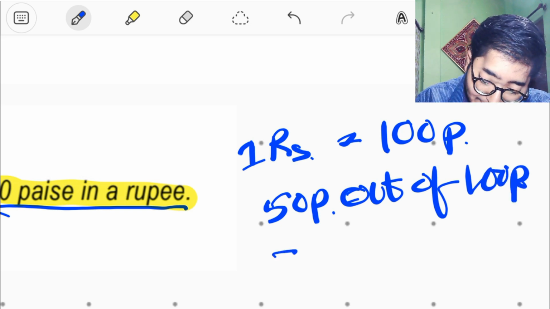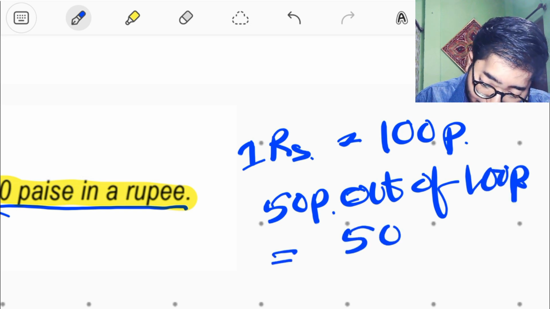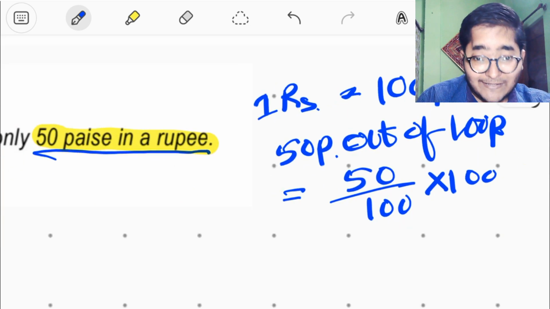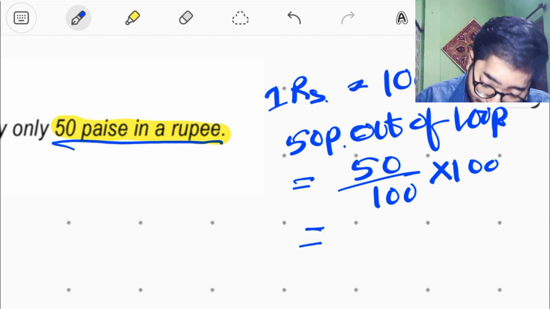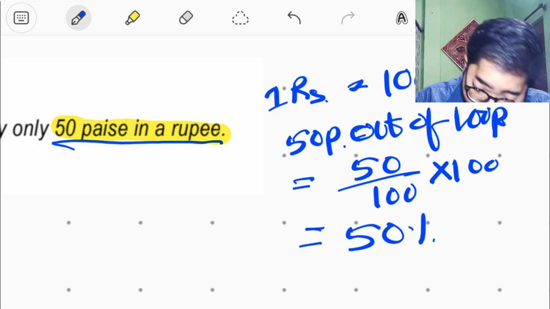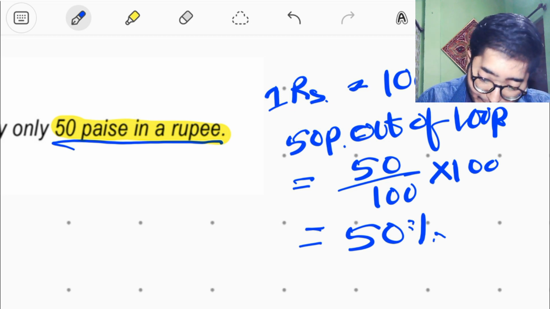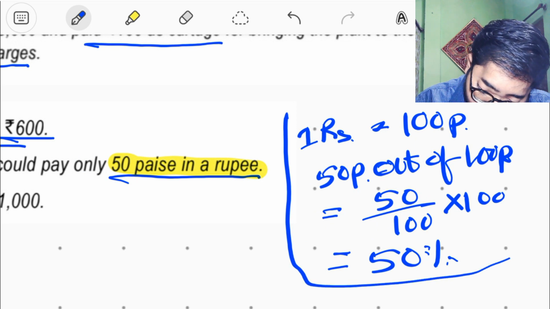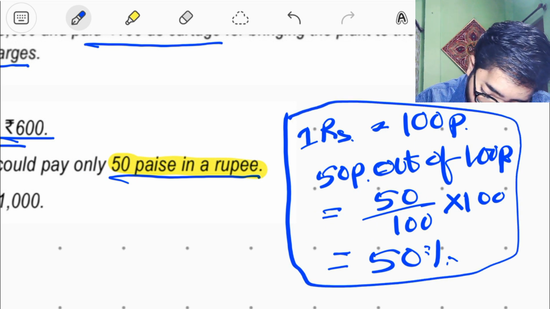Then what is the percentage? 50 divided by 100 into 100, that is payment is done for 50%. 50% payment is done and the other 50% is the bad debt. I hope this is clear, and this is the working note for this point.